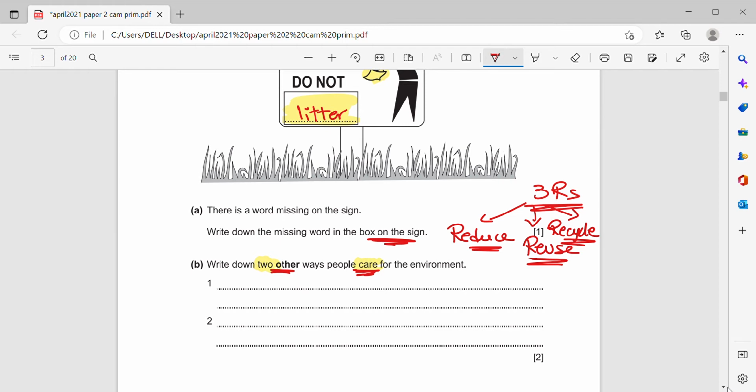Well, what can we write as other ways other than don't throw trash or garbage? Great, we can reduce energy use or energy consumption. We can recycle.